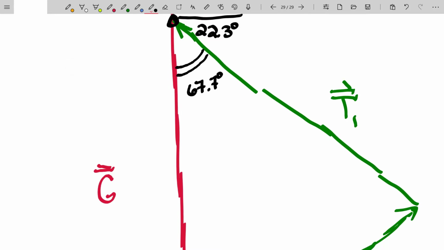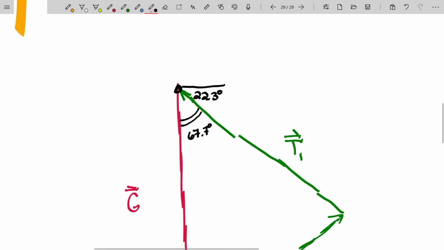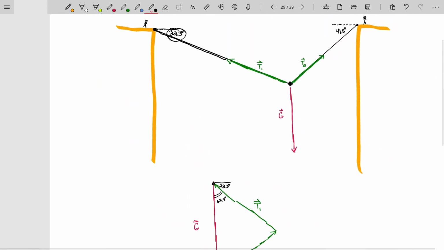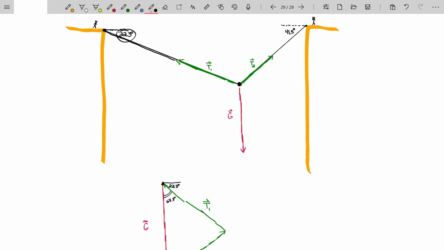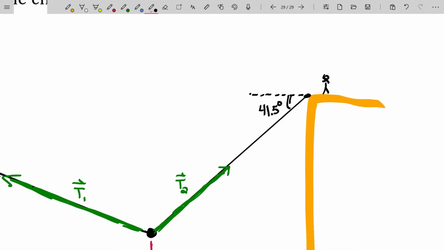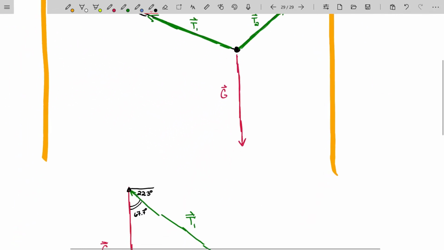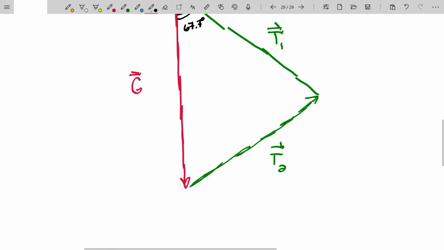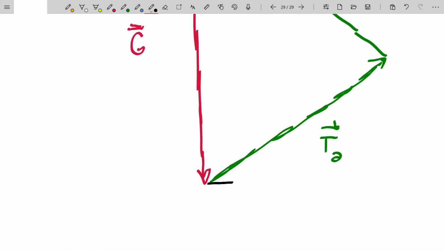And let's see if we have anything else that we can use here. Did they give us any other information about angles? Yes, they did. The tension 2 vector makes an angle of 41.5 degrees with the horizontal. So I'm going to go to the tension 2 vector and draw a horizontal.